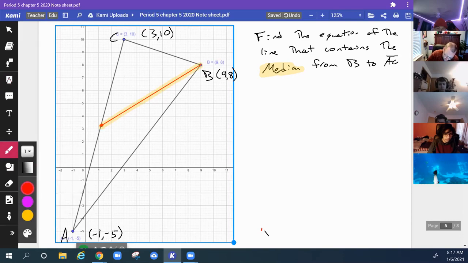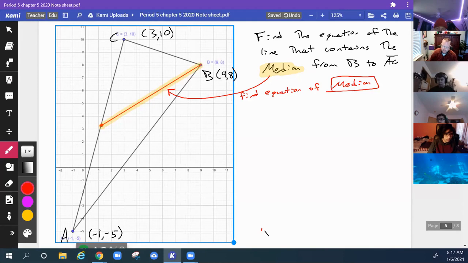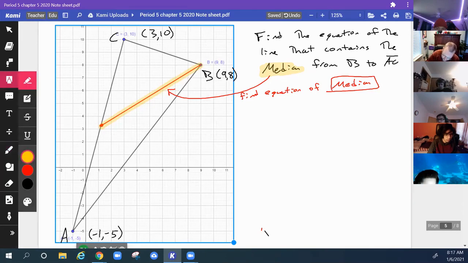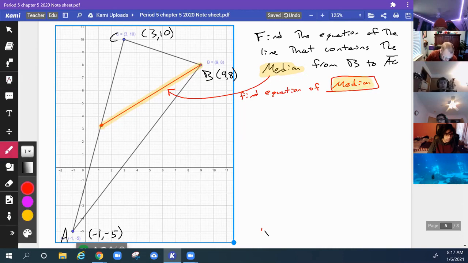So what I want to do is find the equation. And remember, I need a few things. I want to find the equation of that median, and remember what a median is.